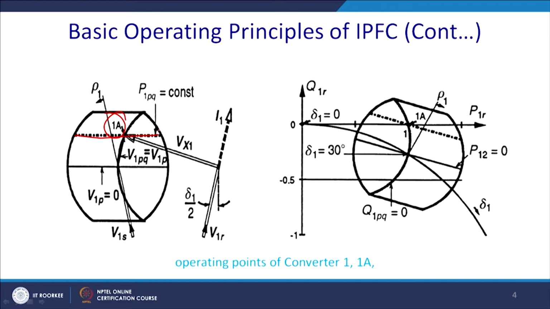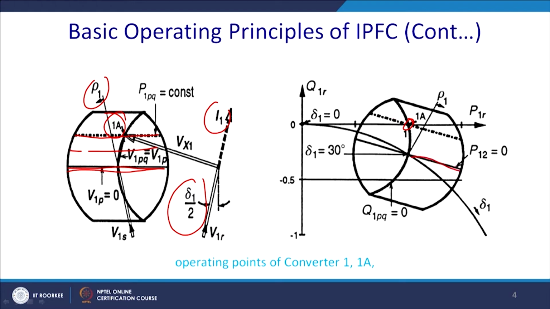As said earlier, when there is no exchange of the real power, this is the line, and this will be a different chord where the value of P1Q is constant, and this is I1, and this value will be Vx1, and this angle is delta 1 by 2. Let us assume this point is A1.